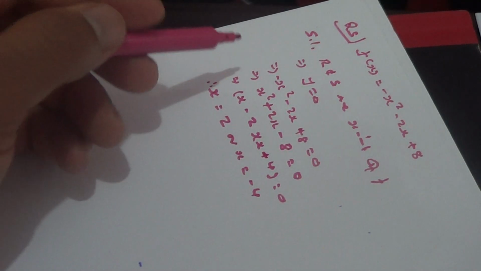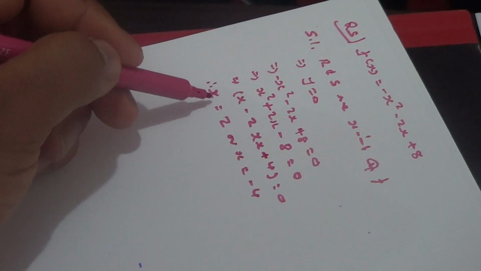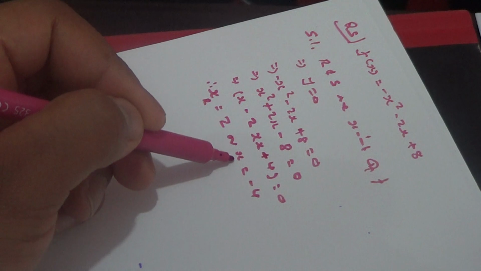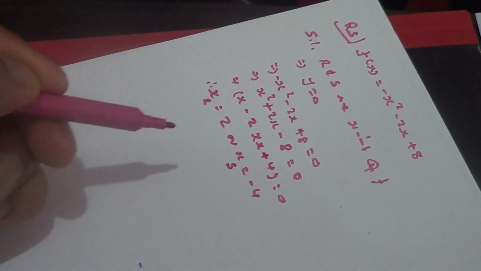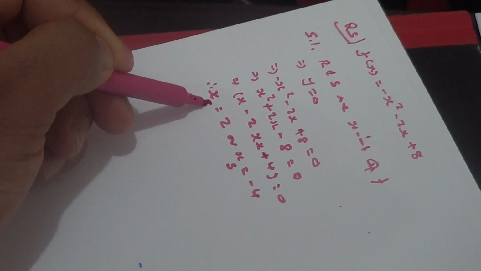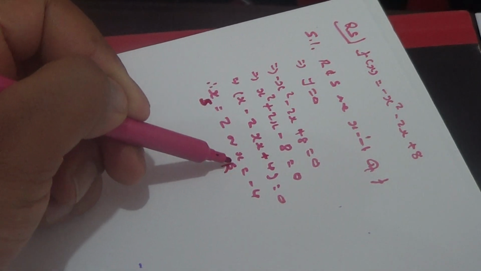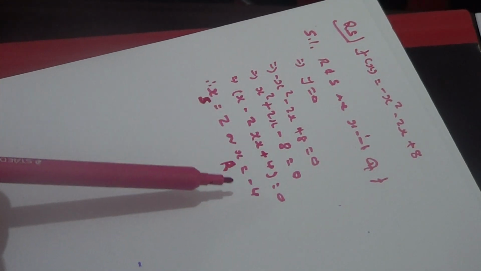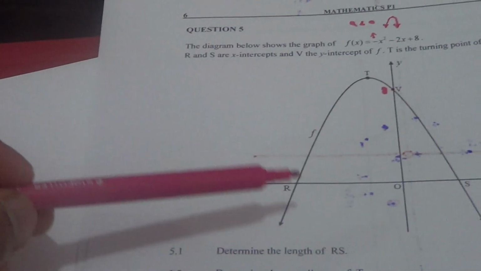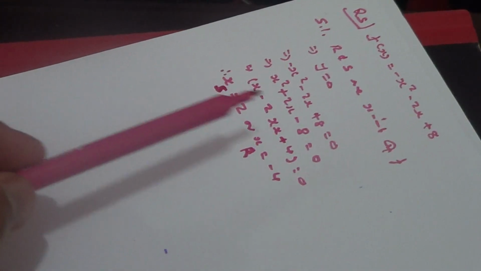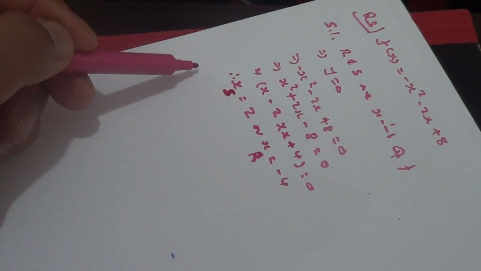Alright. And maybe we can just say, therefore, x at R, because that's what this means. What am I doing? This is x at S. Sorry. See, sometimes doing things you end up messing up, because R is on the negative side of the x-axis and S is on the positive side, so that is the guidance.